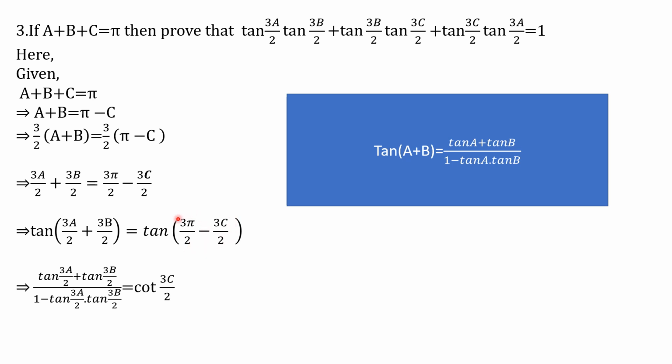We know 3 pi by 2 is 270 degrees and tan(270 degrees minus theta) is how much? It is cot theta. We have learned this in lower class. Isn't that? So I hope till here it is clear to you. In next page again I will copy this line as it is to avoid confusion.